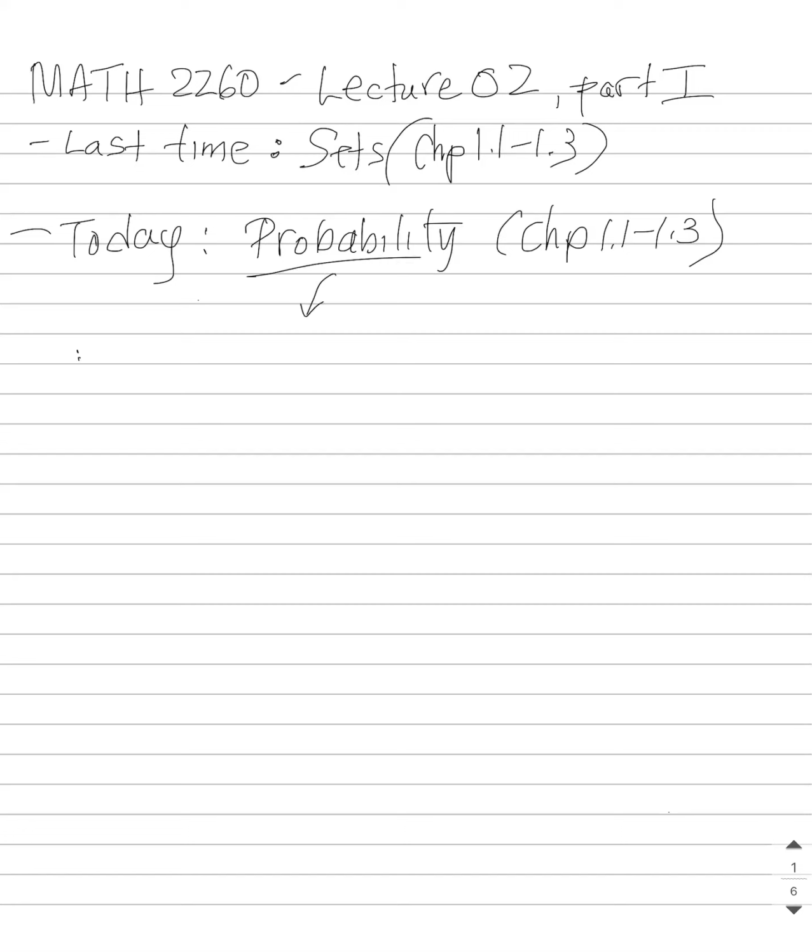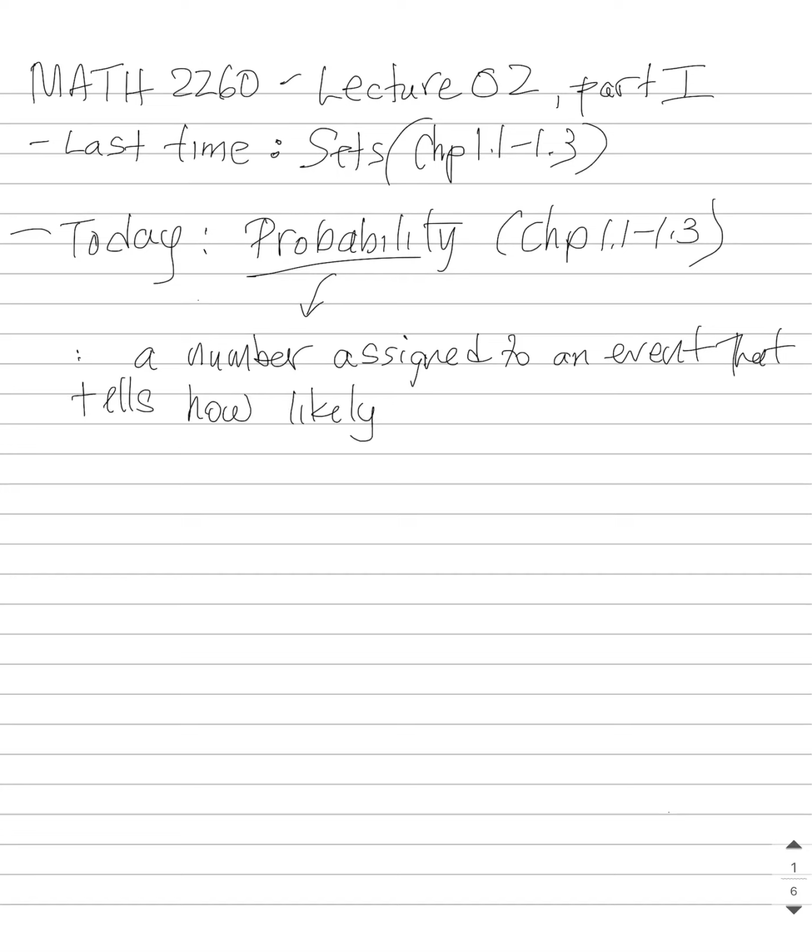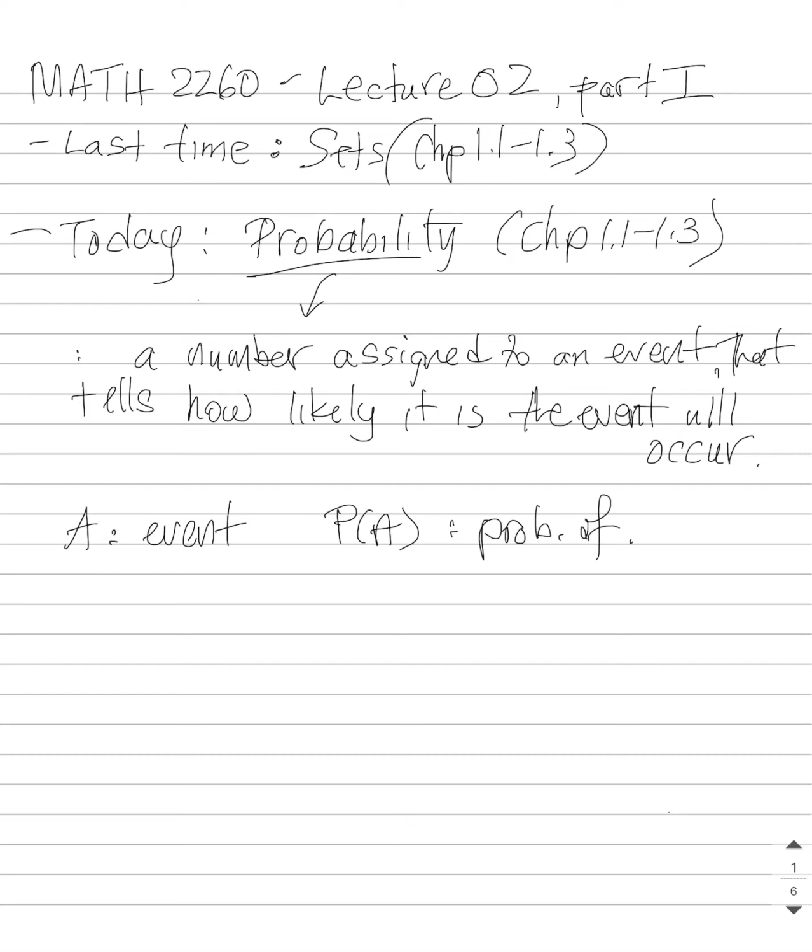Probability is a number that's assigned to an event that tells you how likely it is that the event will occur or happen. Okay. So if we say that A is our event, we are going to use this notation, P of A, to talk about the probability of event A.